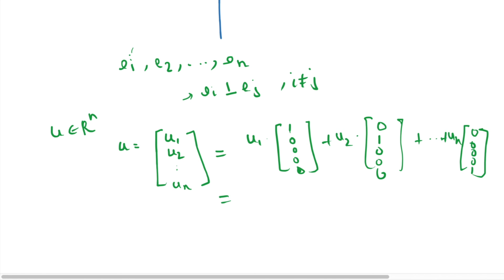And this is nothing but u1 times the standard basis vector e1 plus the scalar u2 times the standard basis vector e2 plus the scalar un times the standard basis vector en.